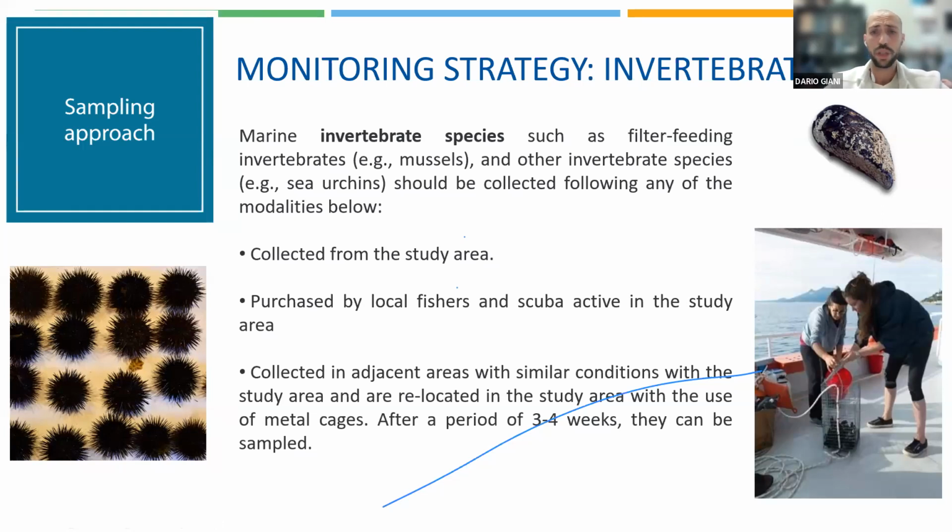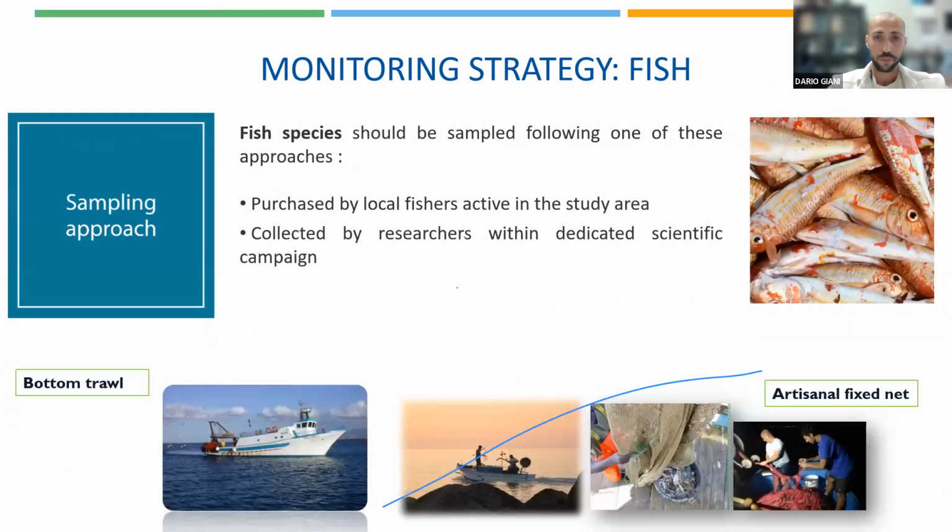These species should be collected following these modalities. They can be collected from the study area, purchased from local fishermen or scuba divers active in the study area, or collected in adjacent areas with similar conditions to our study area and then relocated in the study area with the use of metal cages. After a period of 3 or 4 weeks, they can be sampled.